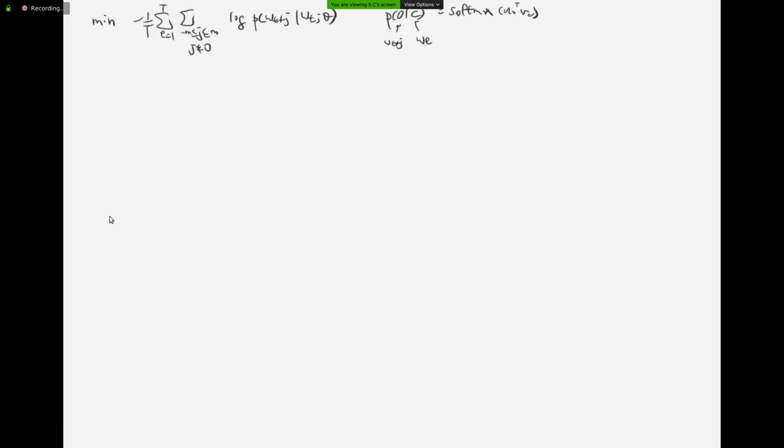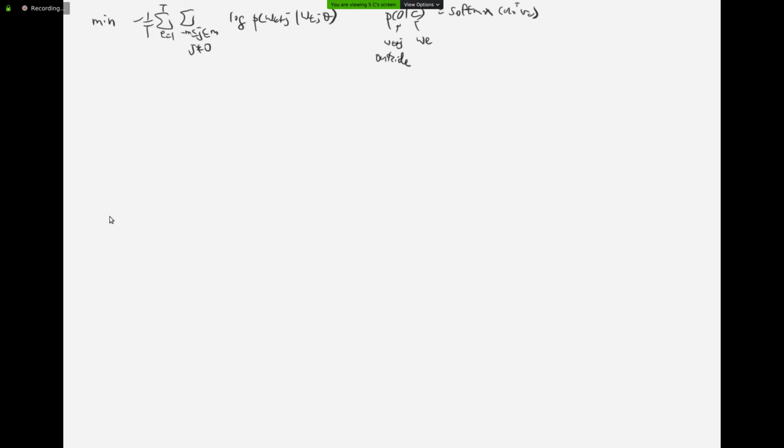Here I simplify the notation: wt plus j I just call O, which stands for outside, and wt I shorten to c, the center word. And as I mentioned, the model here is assumed to be a softmax of the inner product of UO and VC.